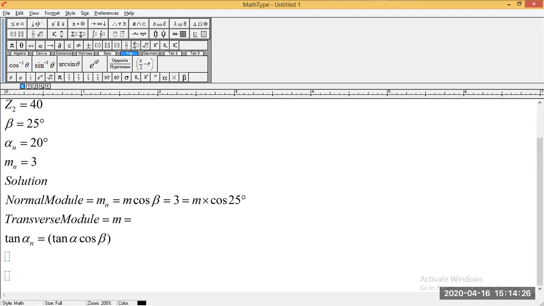So tan alpha n is known, it is 20 degrees.